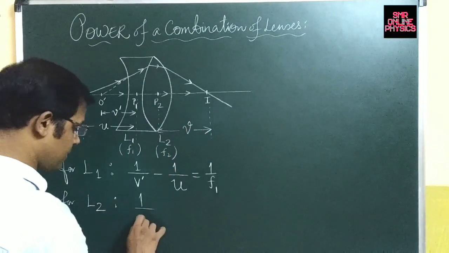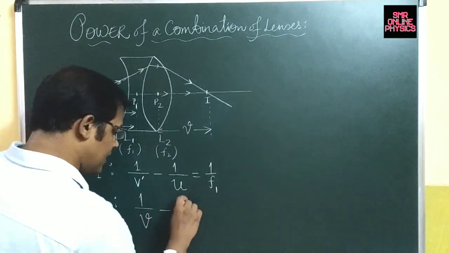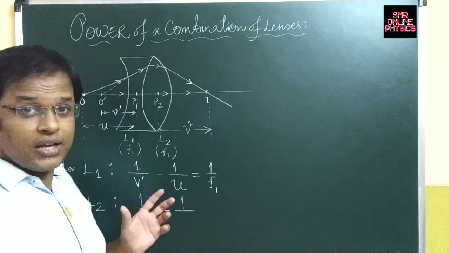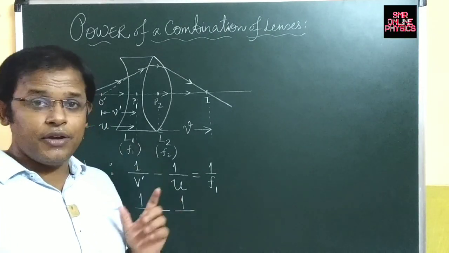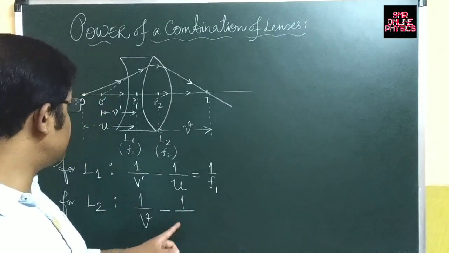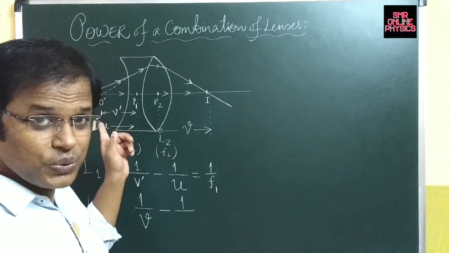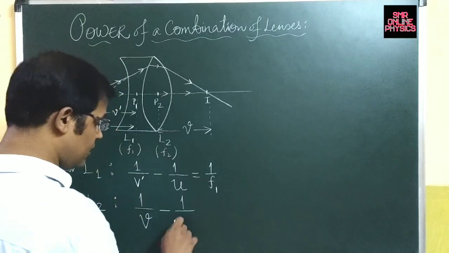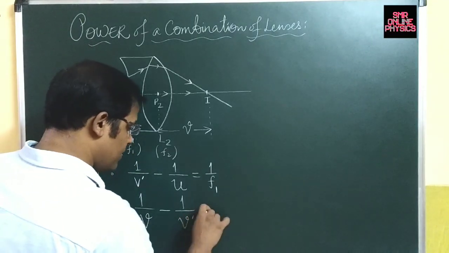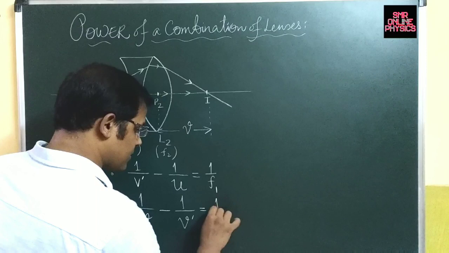So the image distance remains V, minus, now here you should really be careful and apply your understanding. Here the object distance is V prime, not the U. I think you got it right. So here I should write V prime, and the focal length of this lens can be something else.